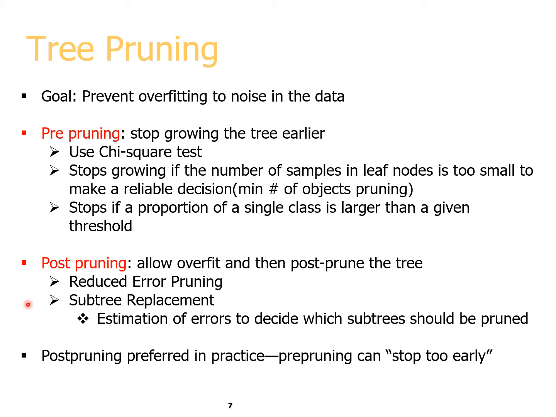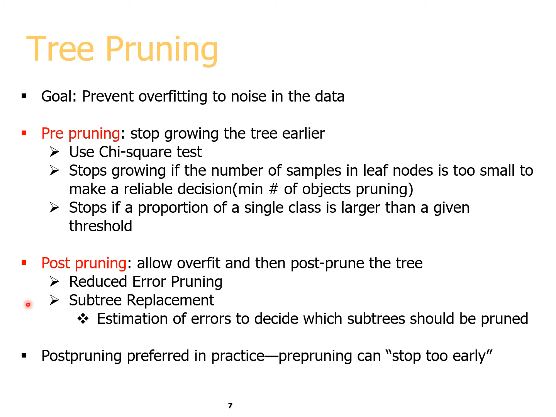Let me repeat. You create a decision tree in full, and then for each branch of the original decision tree, you assume this branch is replaced by a class label. Then you estimate the error by replacing this branch by a label.